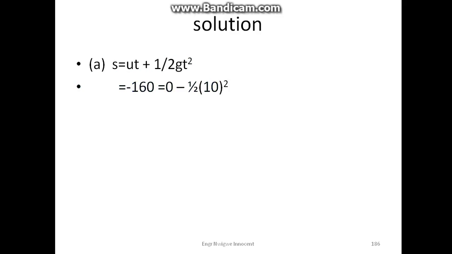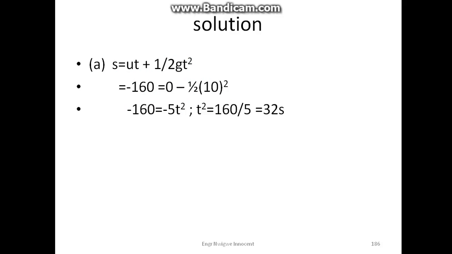Solution. A, s is equal to ut plus half a t squared, which gives minus 160 equals 0 minus half times 10 times t squared. Minus 160 is equal to minus 5t squared.